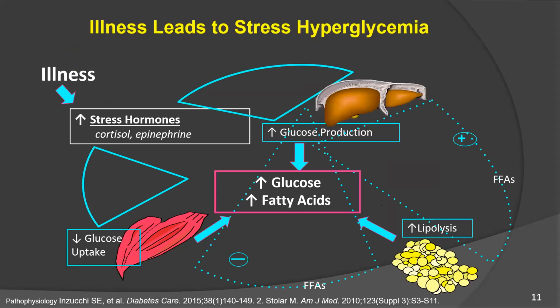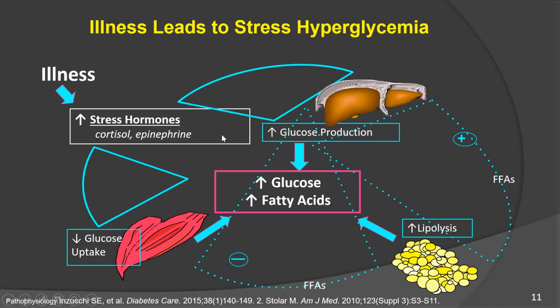So what really happens when someone is admitted in a critical care setup is that there is an illness, for example, stroke, MI, infection, pneumonia, or sepsis. The cause of that illness leads to stress-related hyperglycemia. The stress hormones are released here, cortisol, epinephrine.